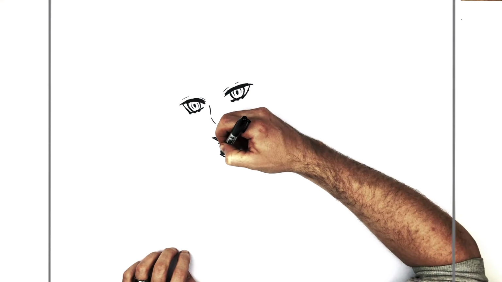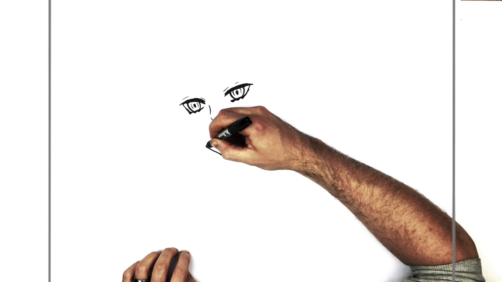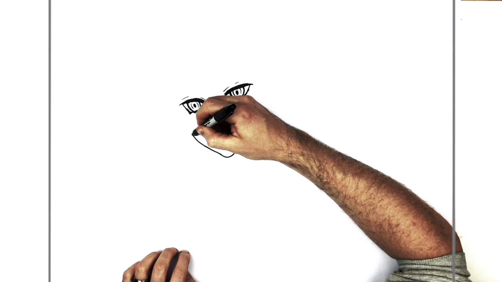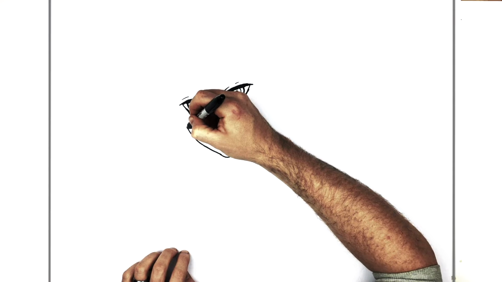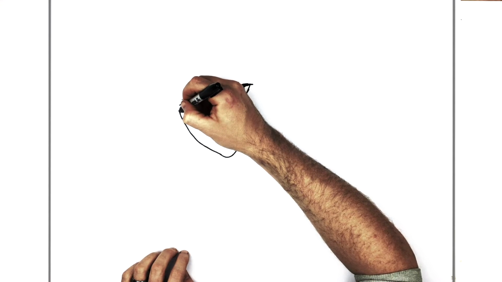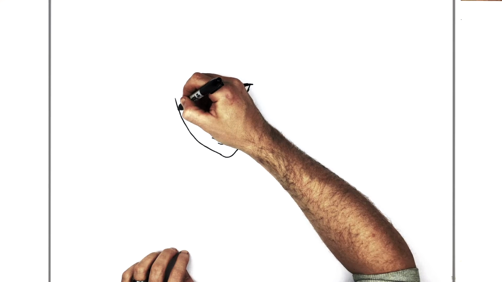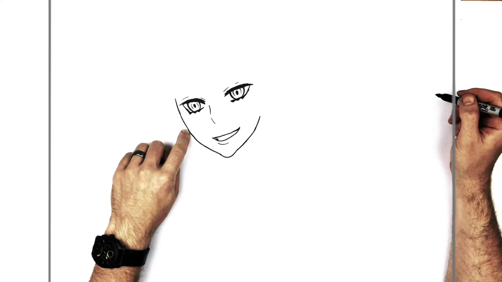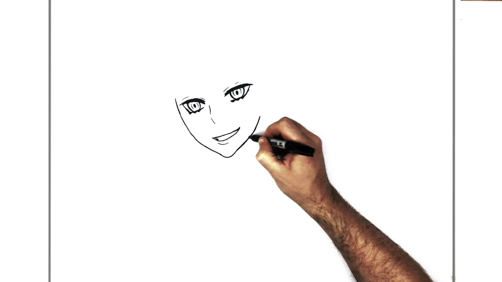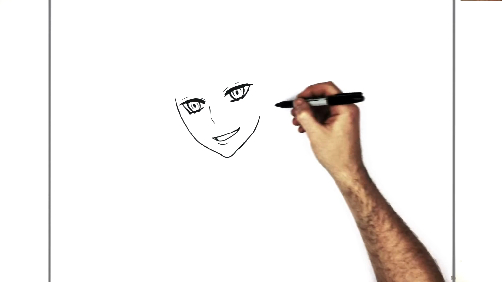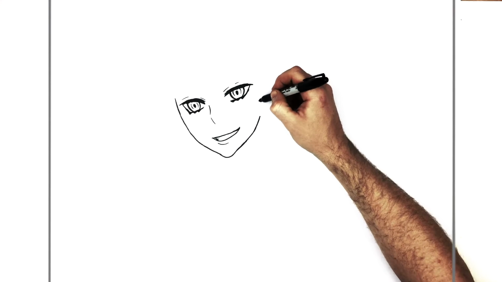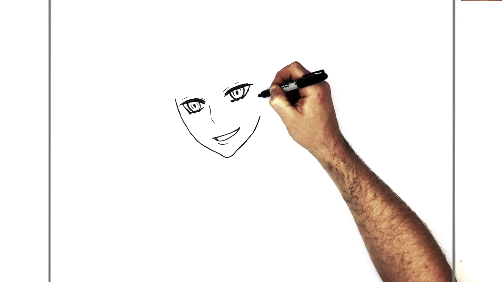And then what I mean by cheek, so we go up like so, and then we curve around her face, up the side of her head. So her cheek, down to her chin, and up to her jaw.